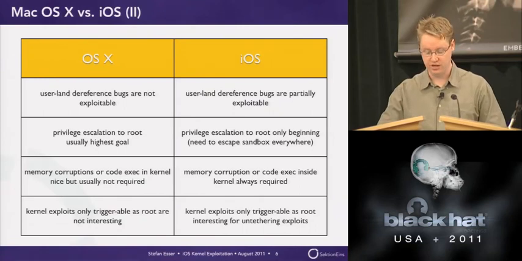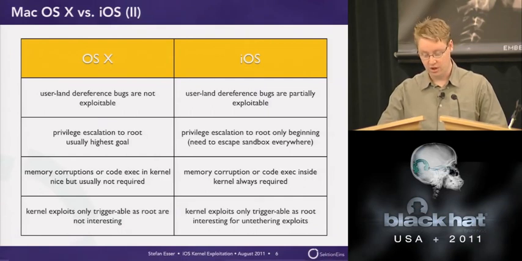because otherwise you cannot disable all the security features. And the last thing that's different is when you have a kernel bug in macOS that is only exploitable as root user, you usually don't care, because there's no code signing and things like that. If you're already root, you don't care. And if you're already root, you're most probably also not in the sandbox.